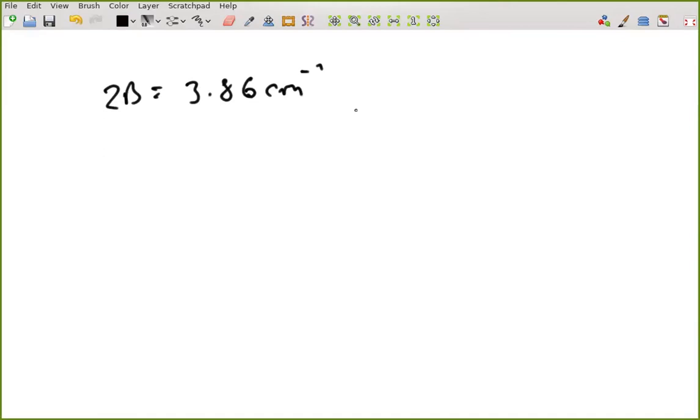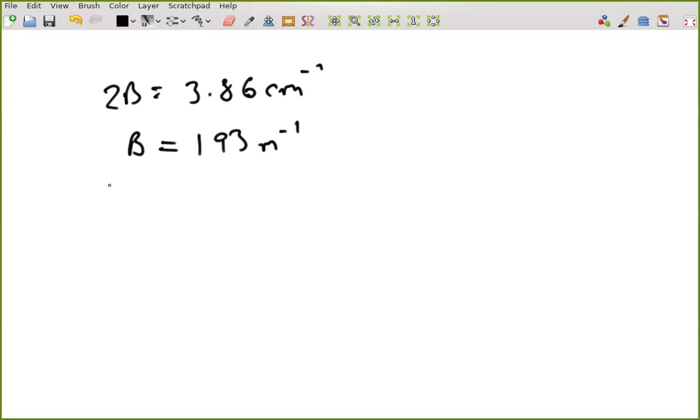You pick any pair of those, and we get the difference is 3.86 cm^-1, which means that you can then calculate the rotational constant as being half that, and don't forget to convert it to m^-1, and so you should get something like 193 m^-1.